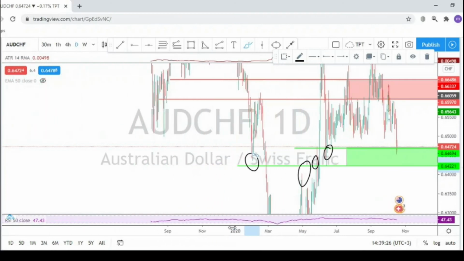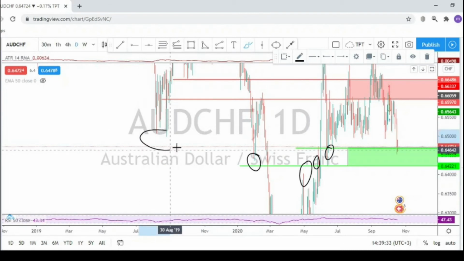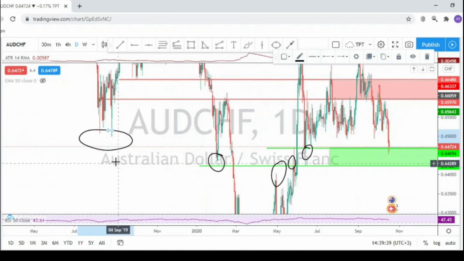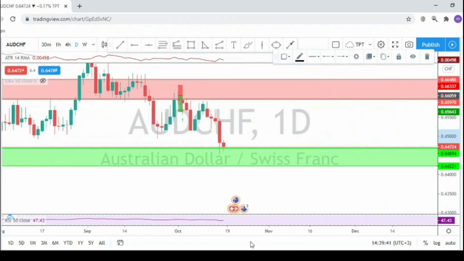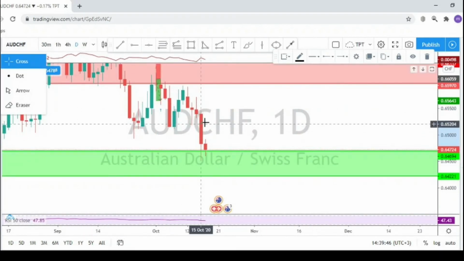And if we go further to the left, I would count here, it didn't quite get below this, it didn't quite get into this level, but there was a reaction there. There was a reaction at this level. So this is a level of structure that has been tested multiple times.